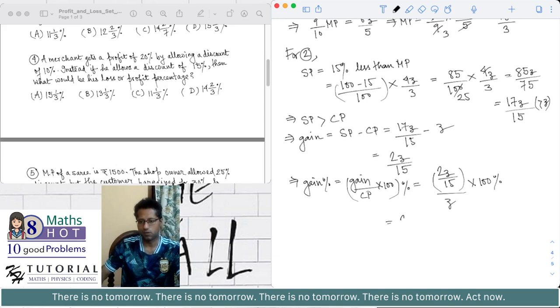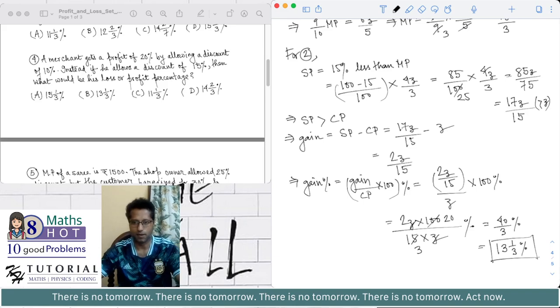This is equal to 2Z multiplied by 100 divided by 15 multiplied by Z, this much percentage. Z cancels out. 5 divides 15 with 3, 5 divides 100 with 20. This is equal to 40 by 3 percentage, and this is equal to 13 and 1 by 3 percentage.